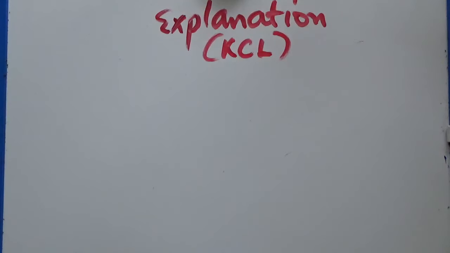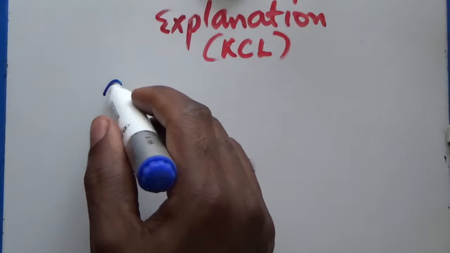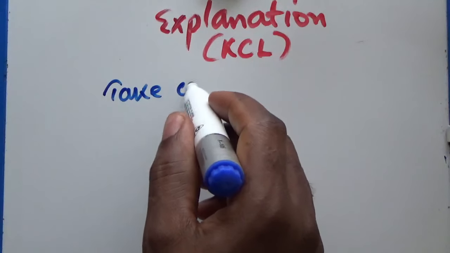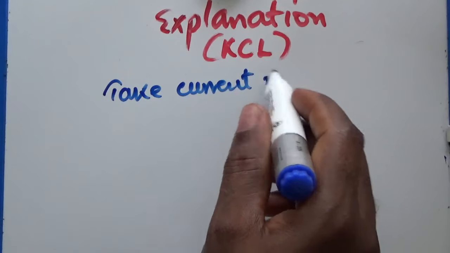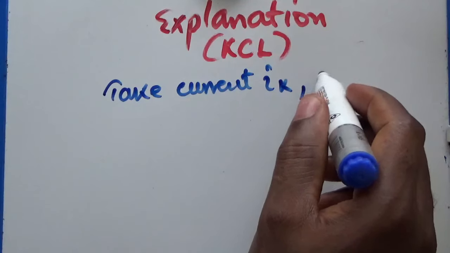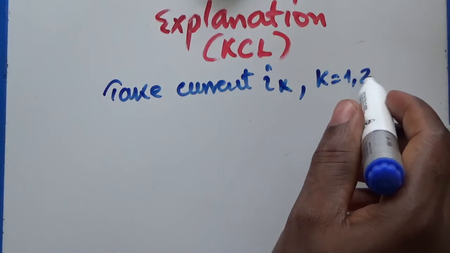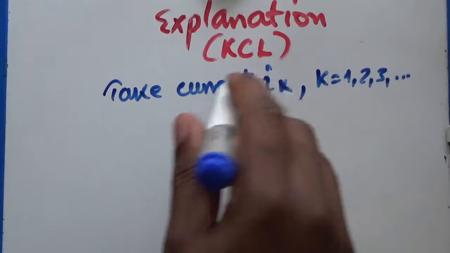Kirchhoff's current law. So the explanation is that if we have currents, take currents Ik, where k equals 1, 2, 3, and so forth.